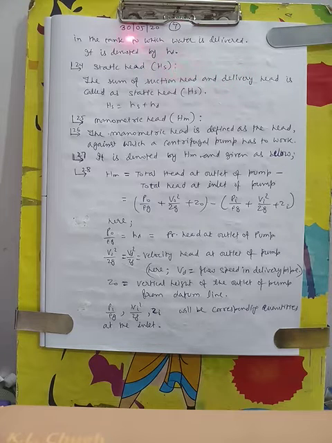So exactly it is not the tank surface, it is the point of delivery where water is coming out from the delivery pipe in the tank or in environment, wherever in the atmosphere. That height is the delivery head.